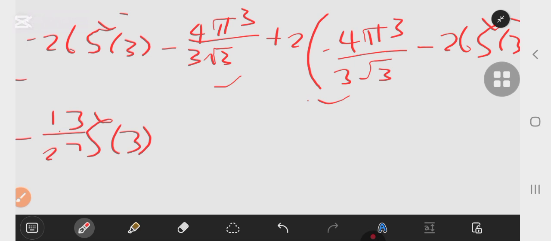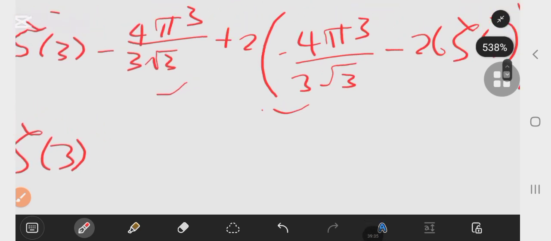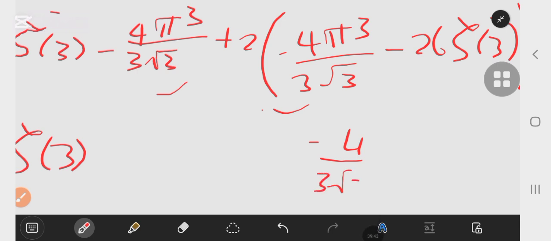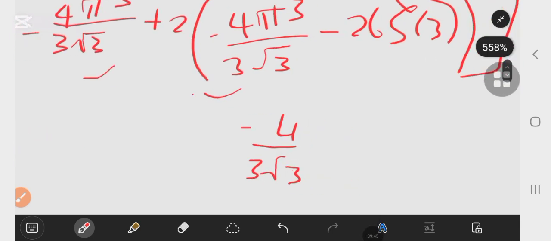Let me bring out the coefficients of pi cube. I have minus 4 over 3 root 3. 2 times minus 4 is minus 8, so I have minus 8 over 3 root 3.